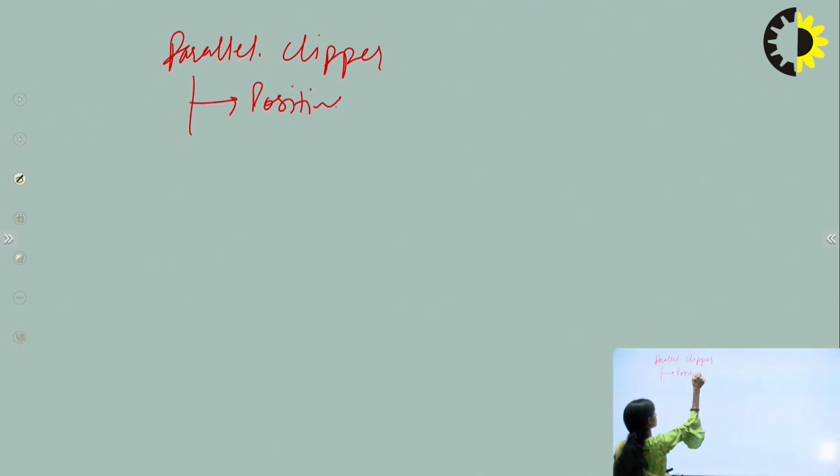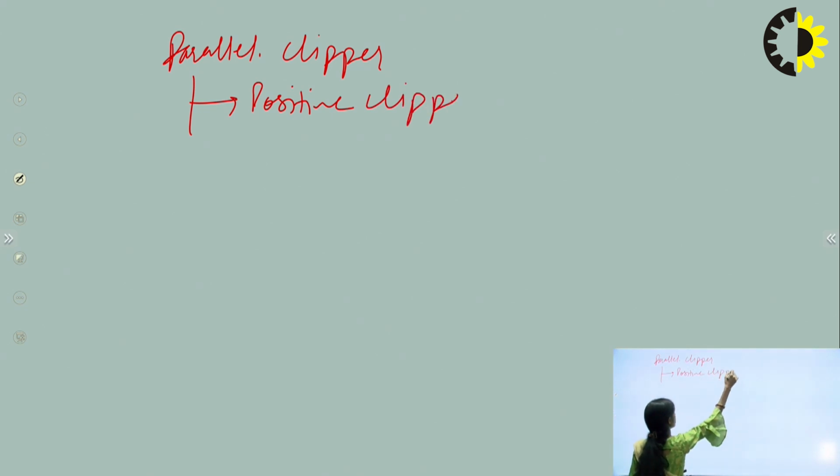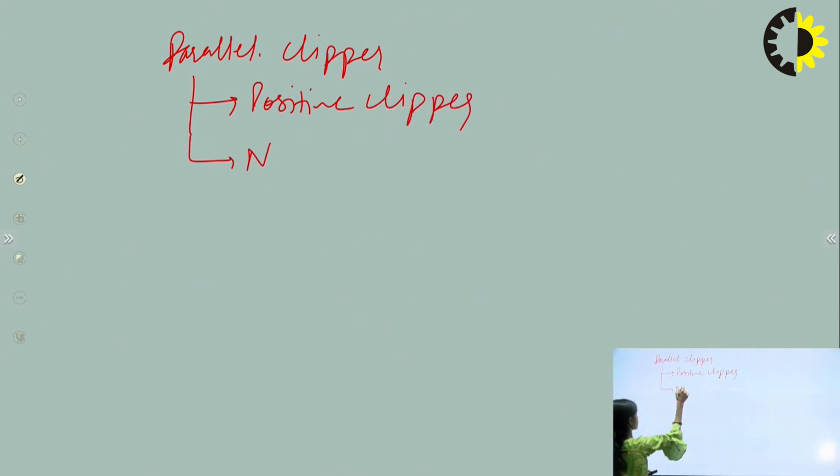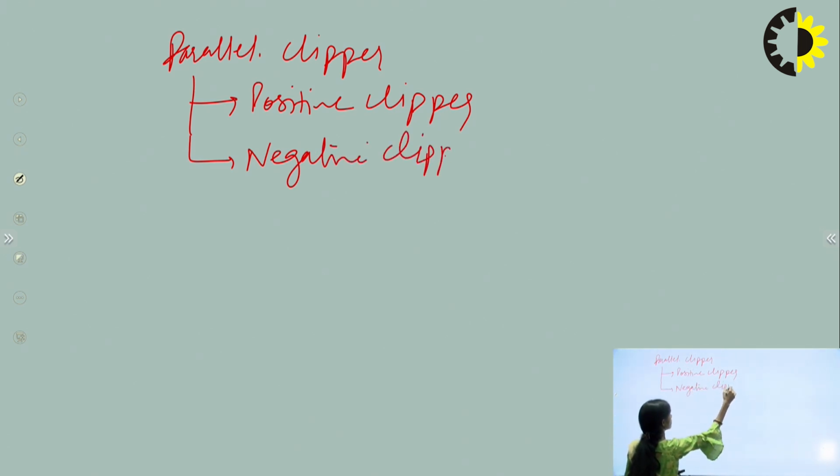So in the parallel clipper we again have two types, positive clipper and negative clipper. First we are going to understand the basic concept by analyzing these two circuits.